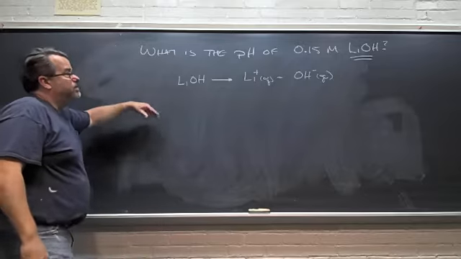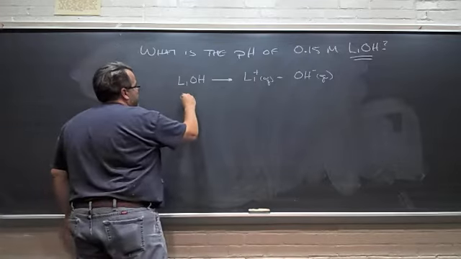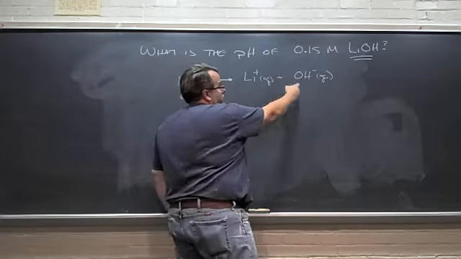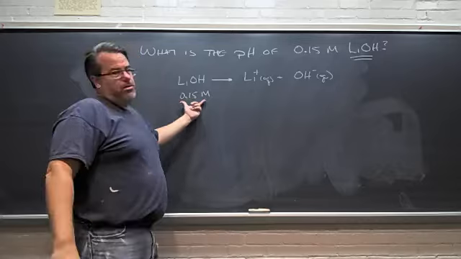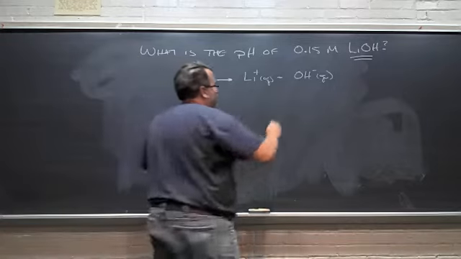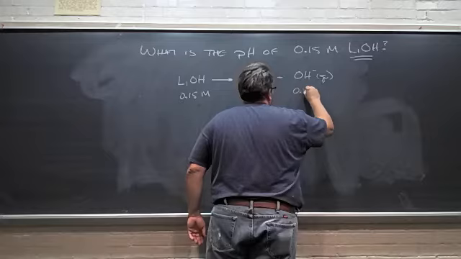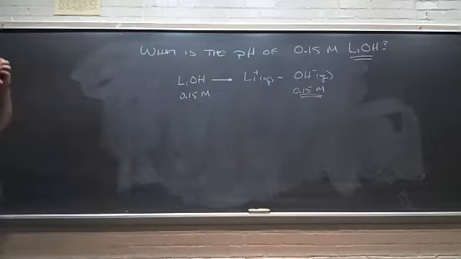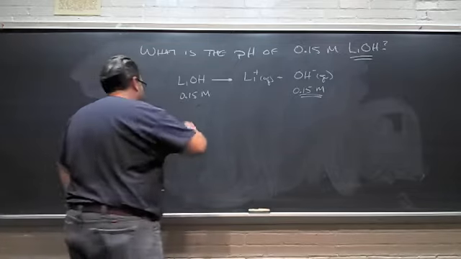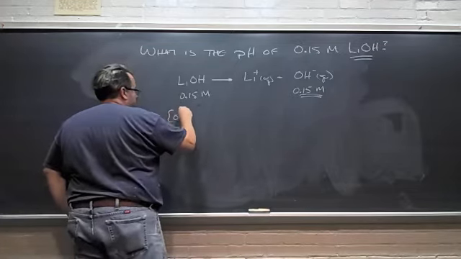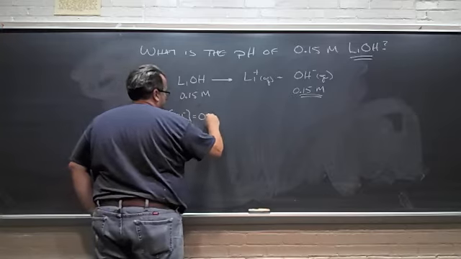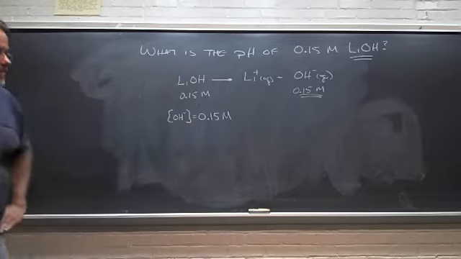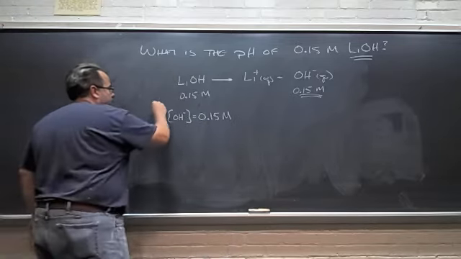So, since it breaks apart completely, every mole of lithium hydroxide is going to give us 1 mole of lithium and 1 mole of hydroxide. So, a solution that's 0.15 molar lithium hydroxide is going to give us 0.15 molar hydroxide. All right, so far so good.